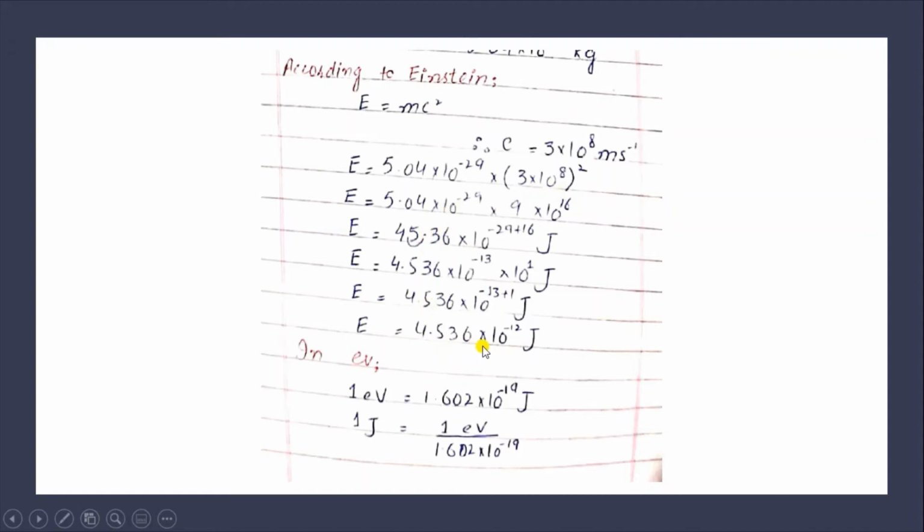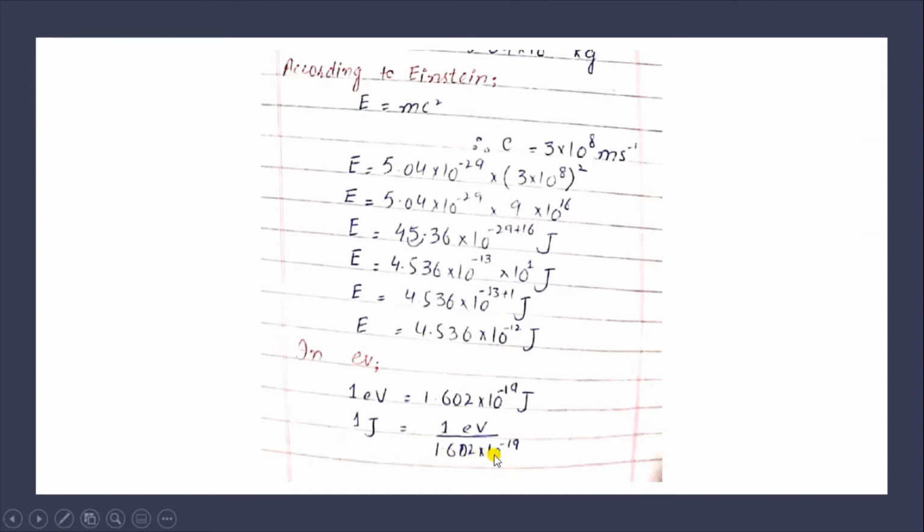And if we want to get this energy in electron volt rather than in joule, we will divide the energy in joule by the conversion factor. So 1 electron volt is 1.602 multiplied by 10 to the power minus 19 joule, and 1 joule will be its reciprocal, which is 1 over 1.602 multiplied by 10 to the power minus 19.